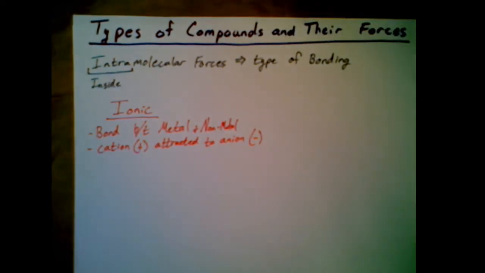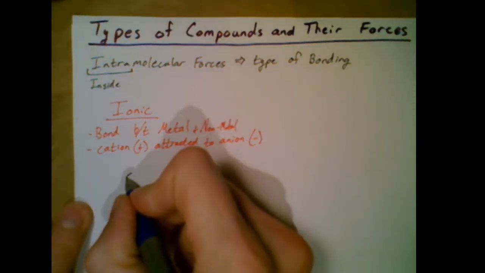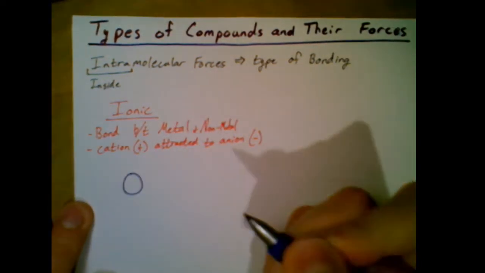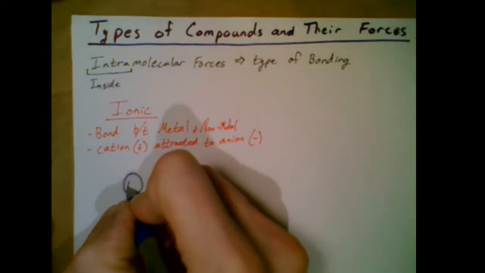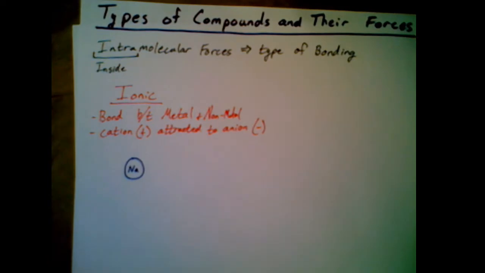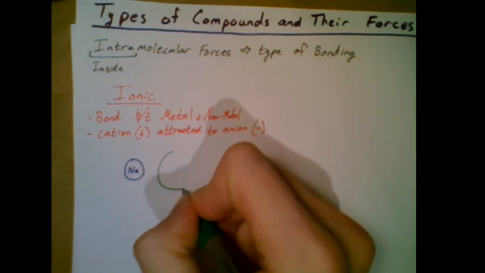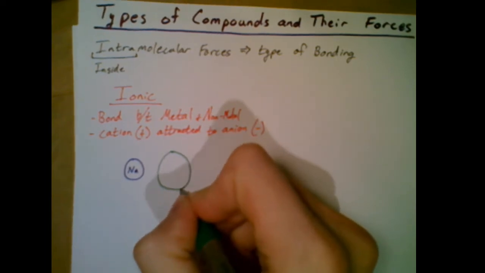So what happens in an ionic compound is you have some atom of some kind. I'm going to label this sodium. And then you have another atom that would be a non-metal, or maybe a polyatomic ion.